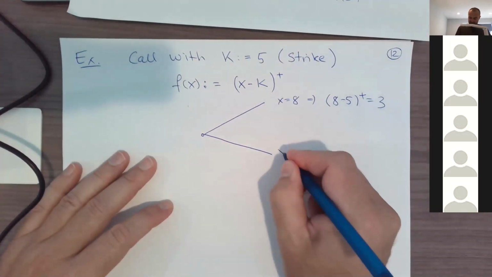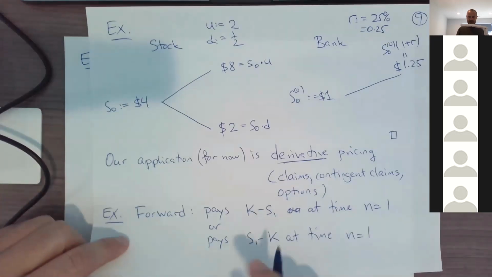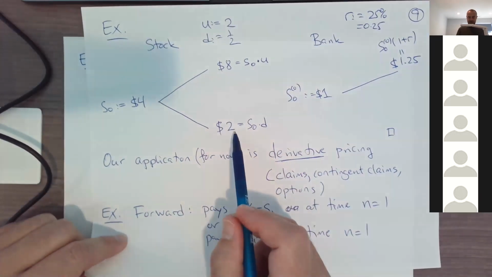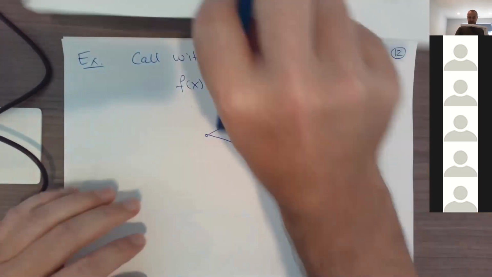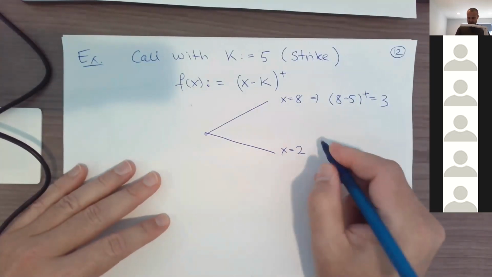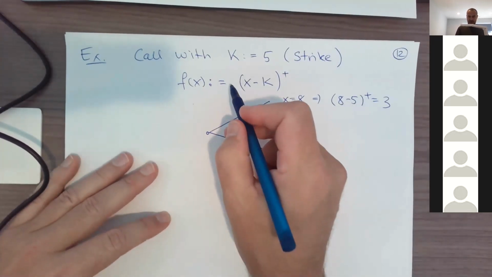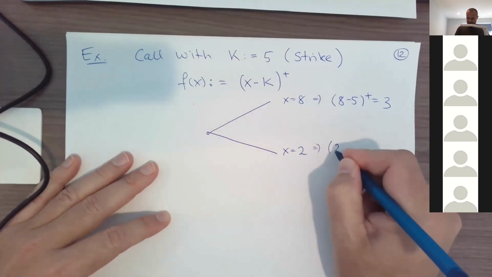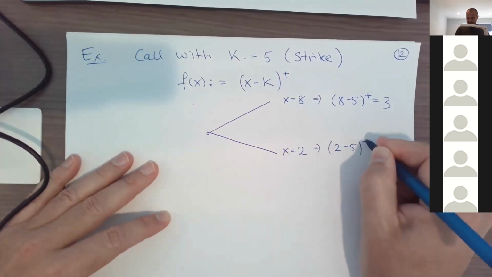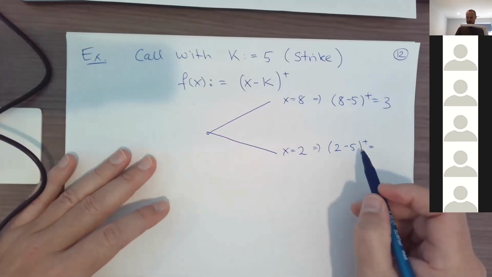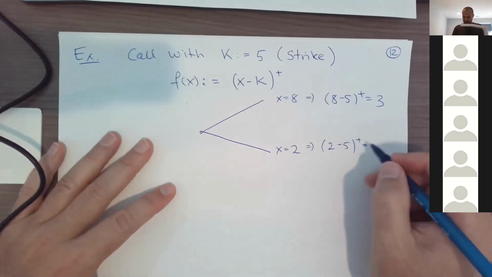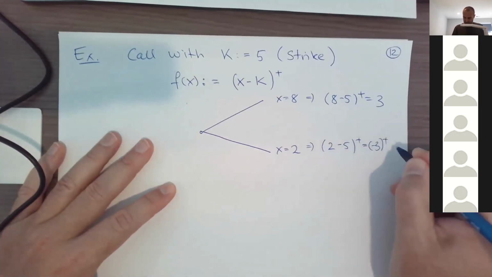If you go to the down state, the stock is dropping down to 2. So now I look at the payoff: 2 minus 5, positive part, which is minus 3, positive part. That's 0.